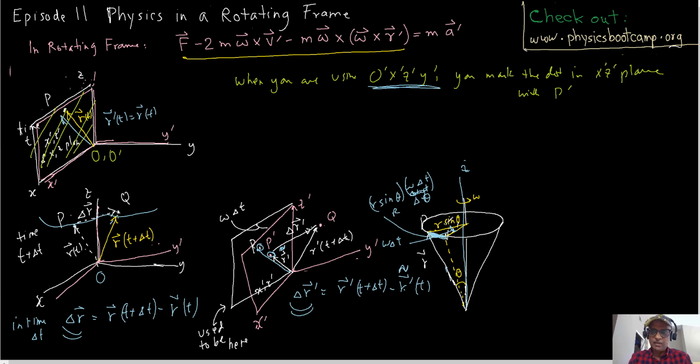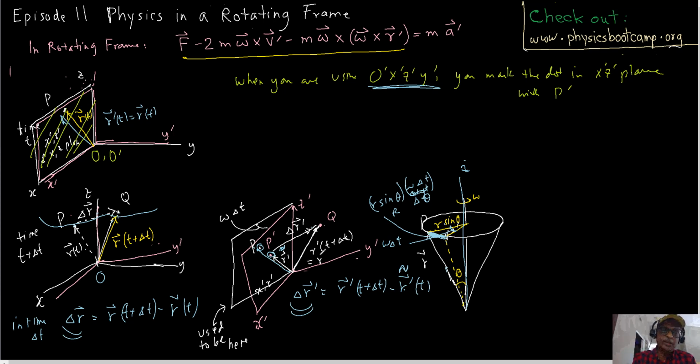This is what delta r prime has to be. But at this instant, on the instant match, this vector is the same as this vector, so we can say this is the same as r of t plus delta t, because I'm not comparing back at this instant.